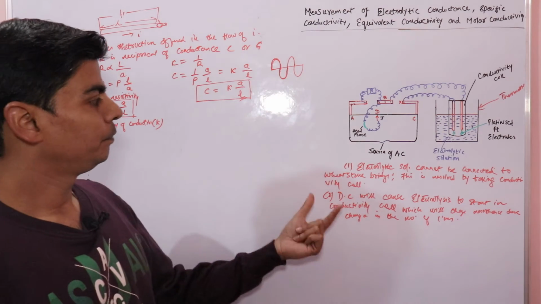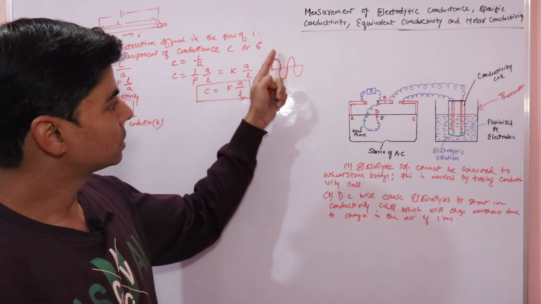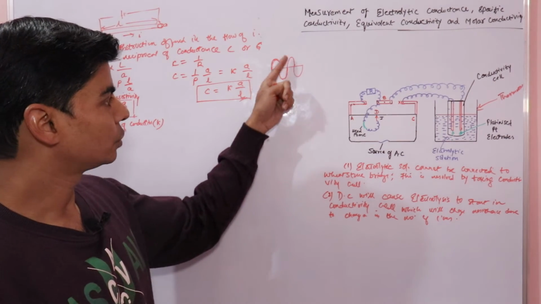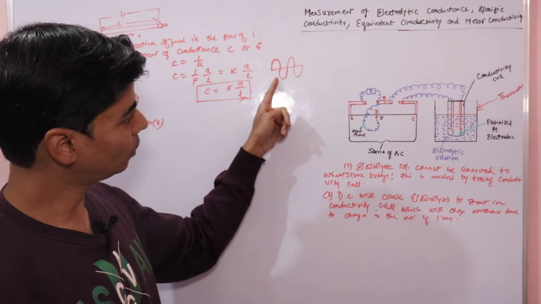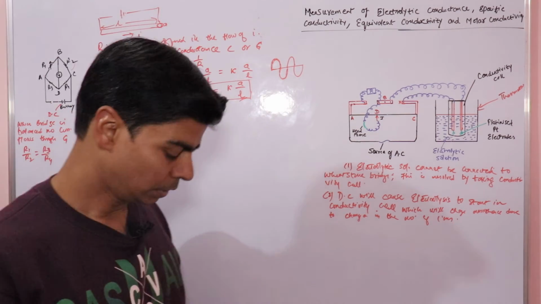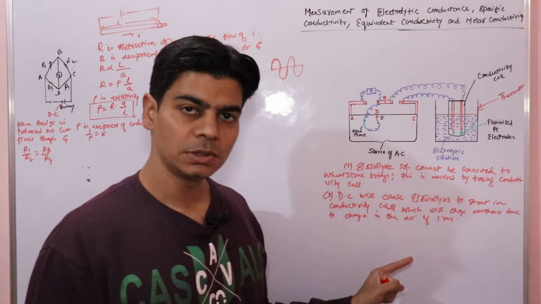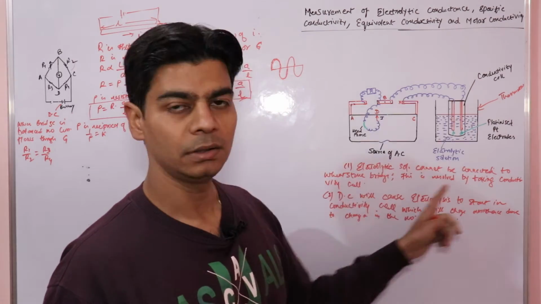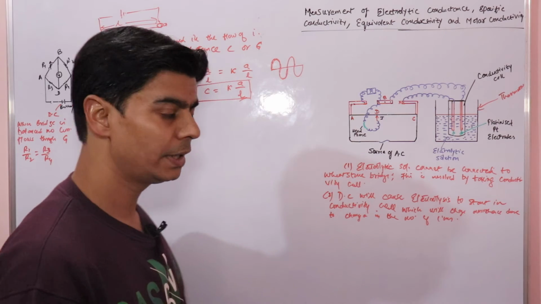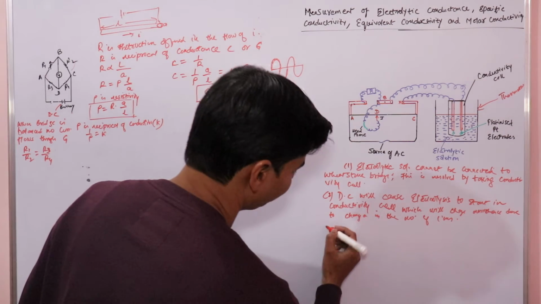So the electrolysis, if caused, or any change in this phase, would be reversed by the opposite phase, right? So we use alternating current instead of direct current in this experiment to calculate electrolytic conductance.